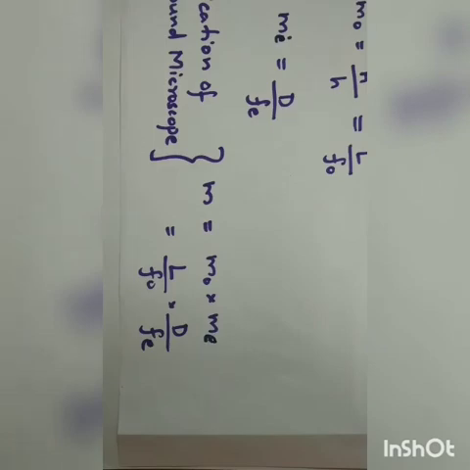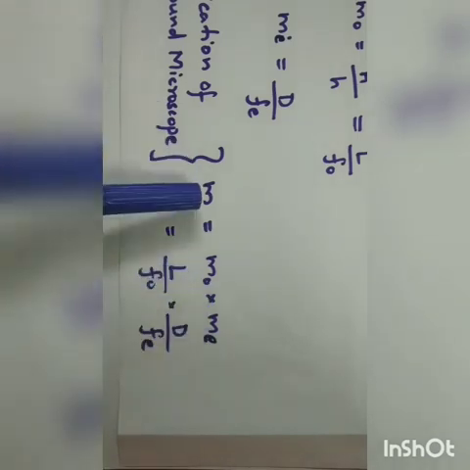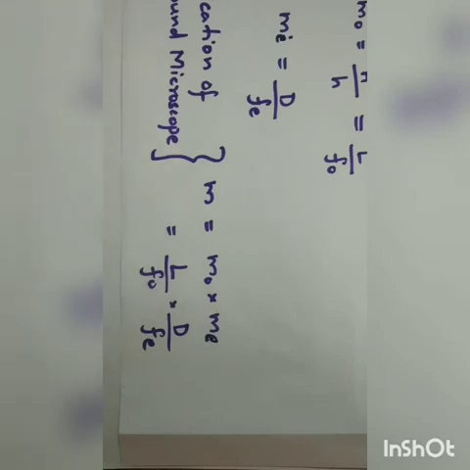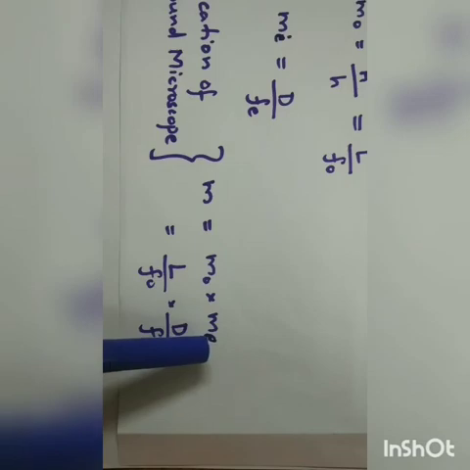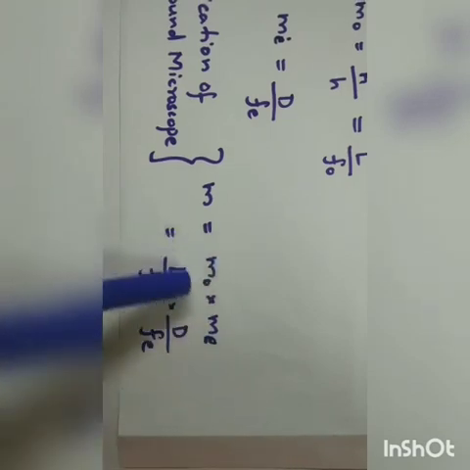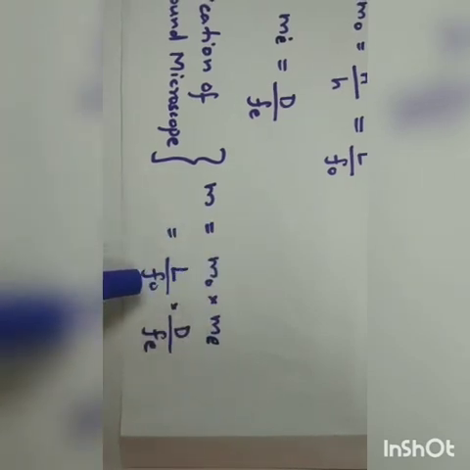So the magnification of the compound microscope, m, is equal to the product of the magnifications. Power of two lenses is P equal to P1 plus P2, but magnification is the product of the magnifications of each lens. Here we have two lenses: one is the objective lens, the second is the eyepiece lens. For the objective lens we found L by FO.